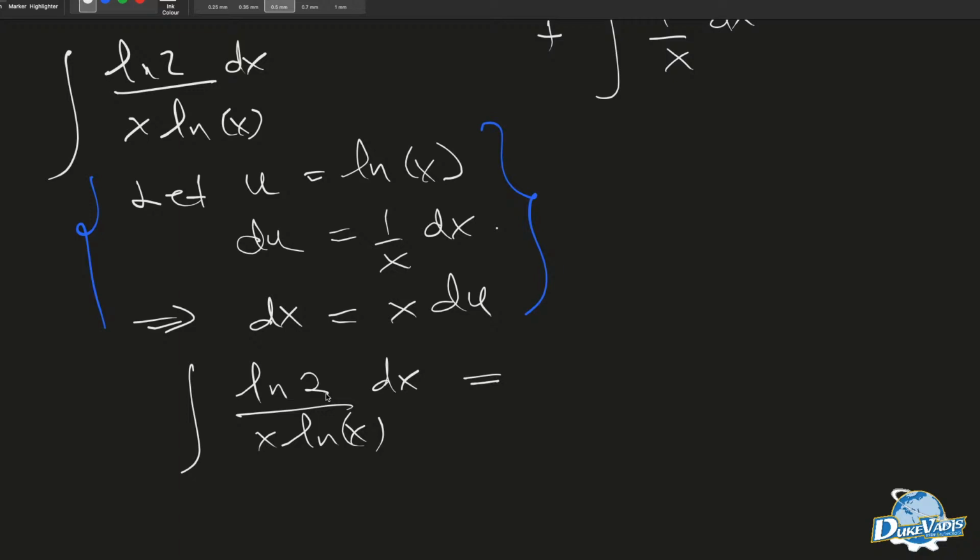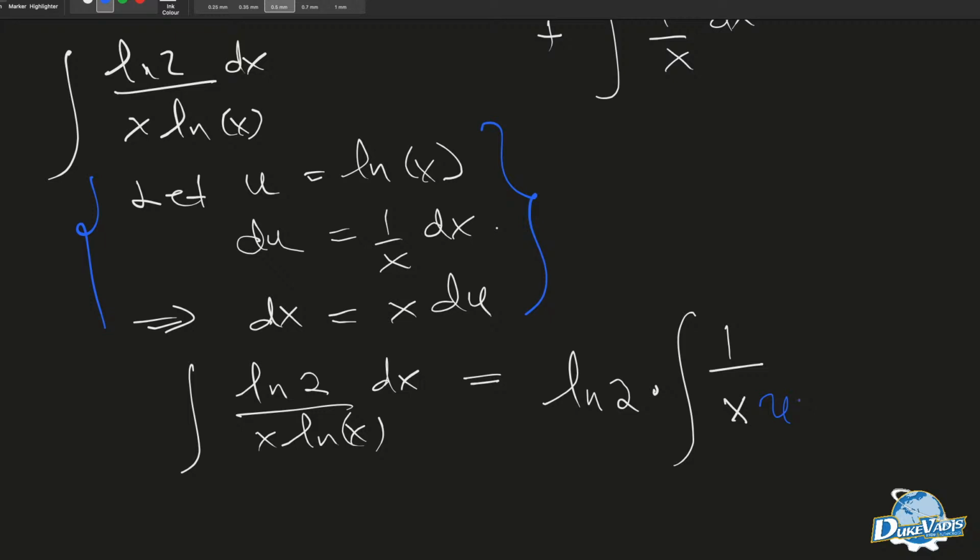Since natural log of 2 is a constant, we can bring it out, and say natural log of 2 times the integral of 1 over x, then natural log of x, which we know is equal to u. So we put u here.